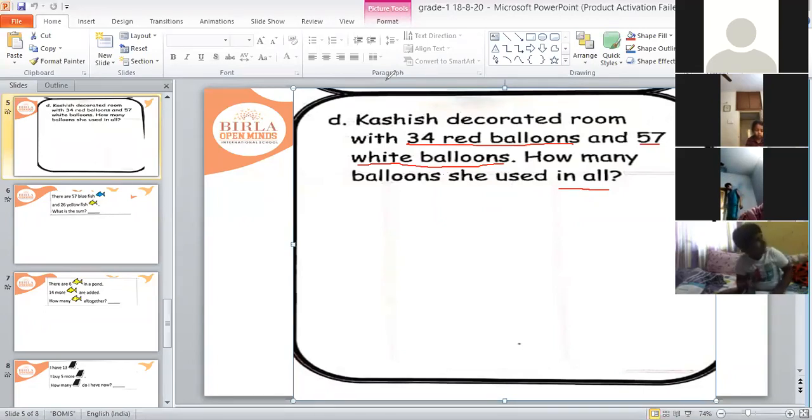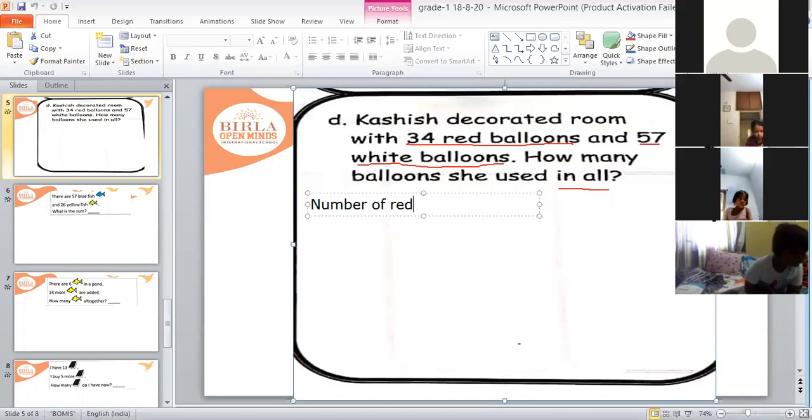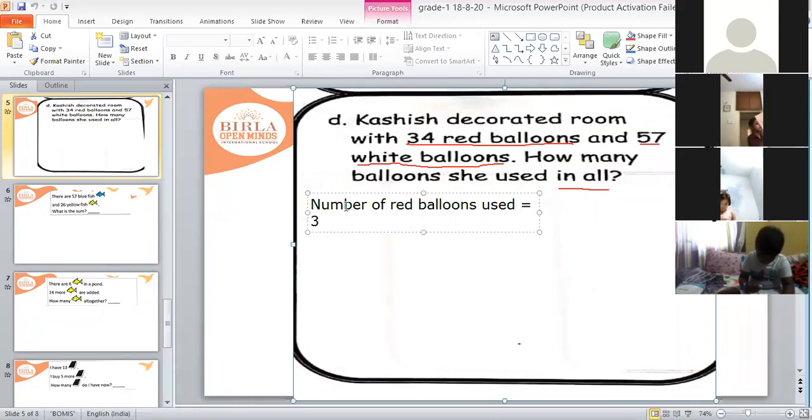So how will we write, see here children. We can write: number of red balloons used. How many red balloons did she use? She used 34. Number of red balloons used equal to 34.